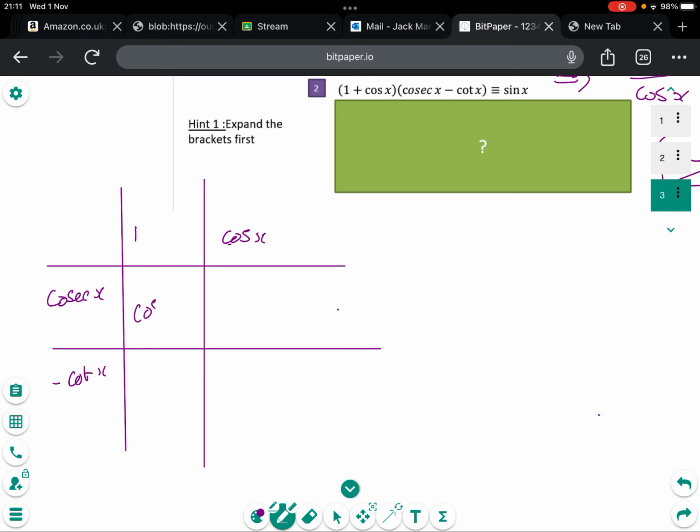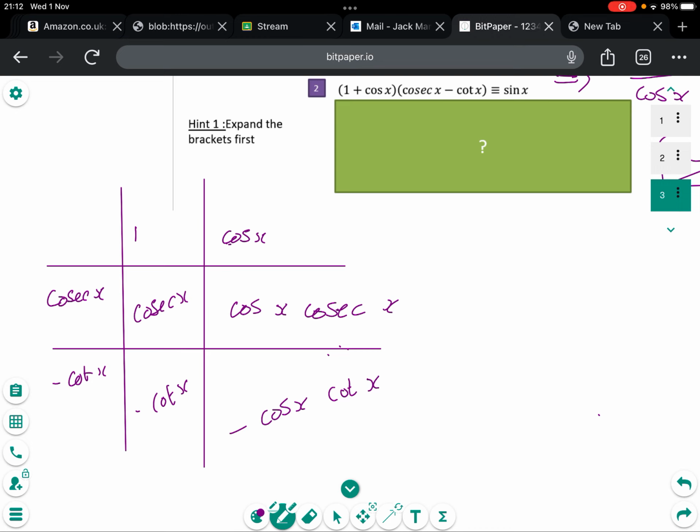So I've got cosec x, I've got minus cot x, I've got cos x cosec x, interesting, and I've got minus, I'll just double check my work a second, so minus, I'm going to write cos x cot x.